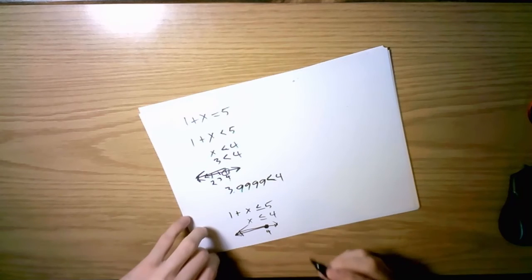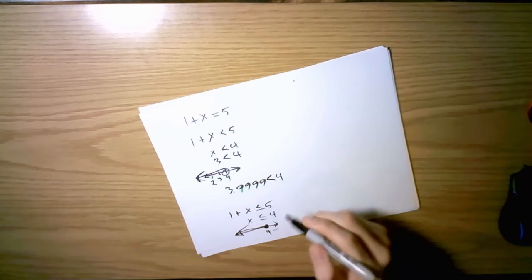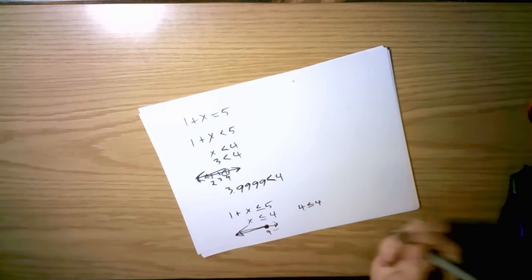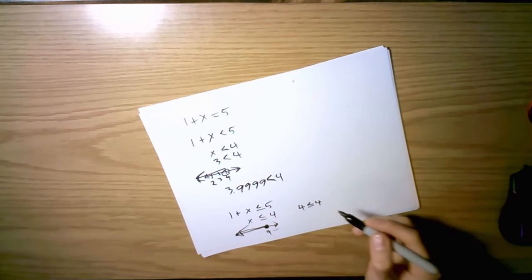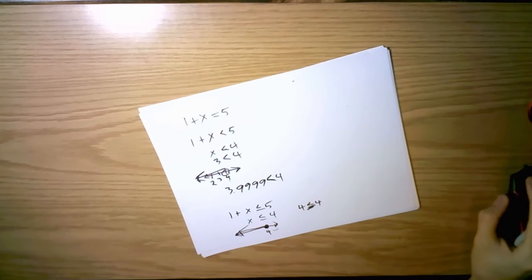Then you can just draw an arrow over, and this represents that x can equal 4 as well. If you plug in 4 for x, 4 is less than or equal to 4. Yes, that's true, because 4 is equal to 4. So the difference is the equals part. That's how you solve equations with inequalities.